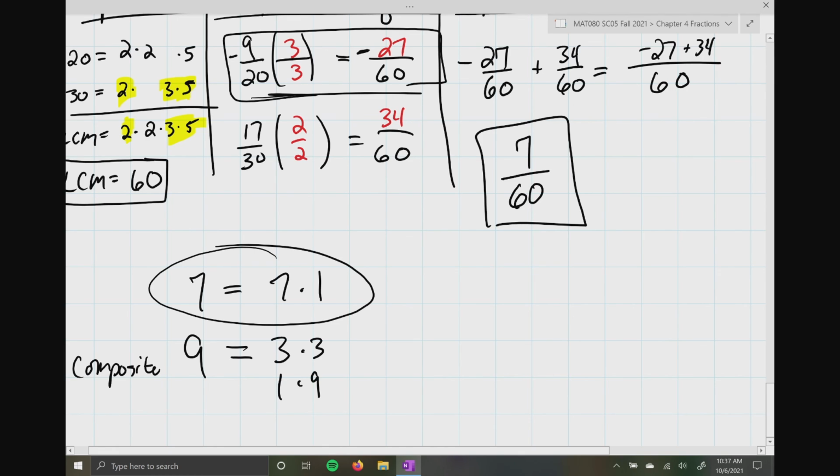So 3 times 3 or 1 times 9. Look at 12. 12 could be 1 times 12, 2 times 6, or 3 times 4. Does that make sense? Yeah. All right, so that's the difference between a prime number and a composite number. A prime number, it's only going to be 1 times that number. That's it.